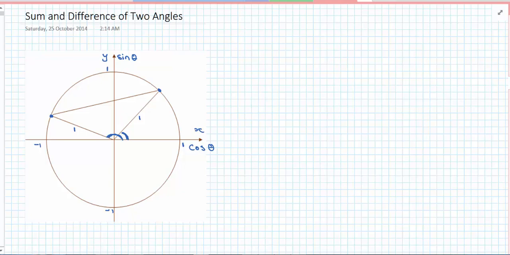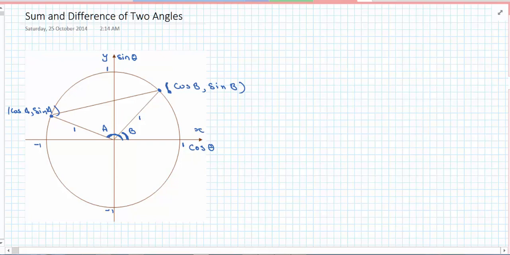So if I call the larger angle A and the smaller angle B, the coordinate of this point, x would be cos B and y would be sine B. And the same way on this side, we're going to have cos A, sine A for the x and y coordinate.